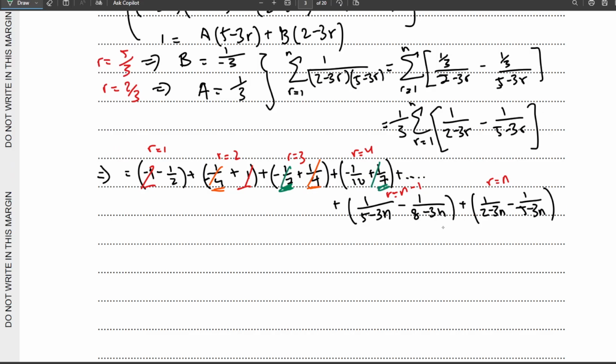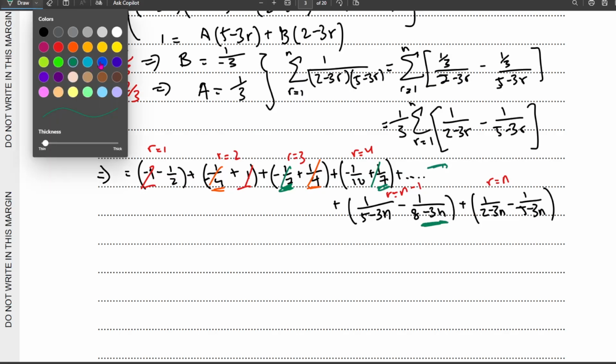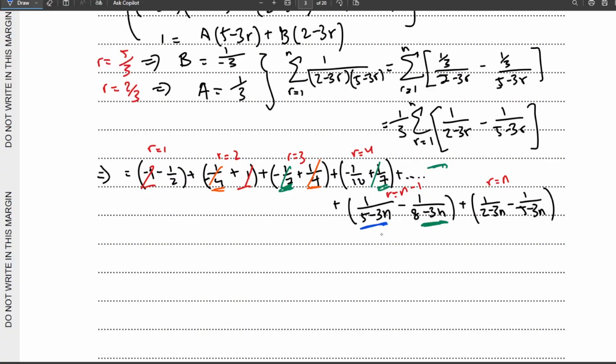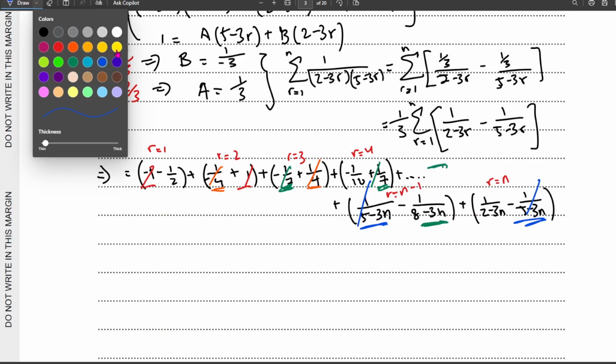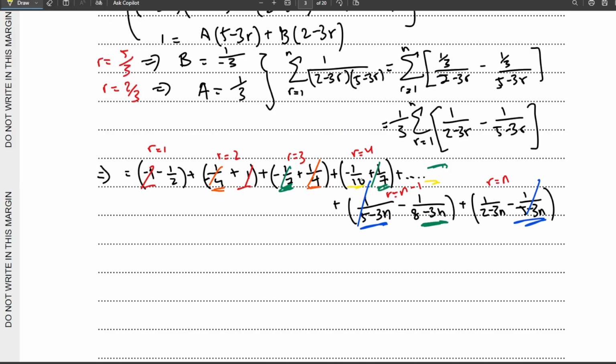And we repeat the pattern. So this one is going to be cancelled out by the term in front. And then this 1/5 minus 3n and this 1/5 minus 3n, these two cancel out. And this negative 1/10 will be cancelled out by the following term in front somewhere.